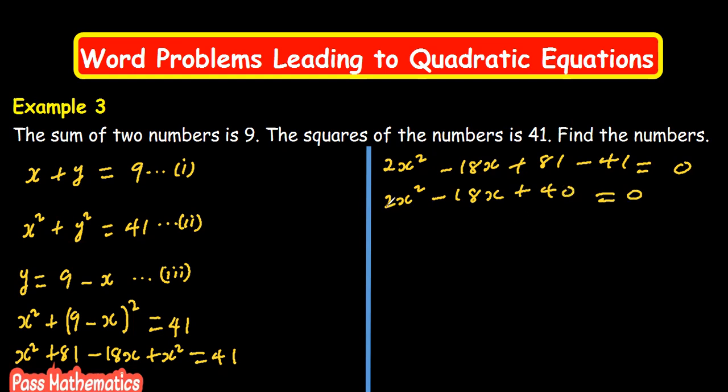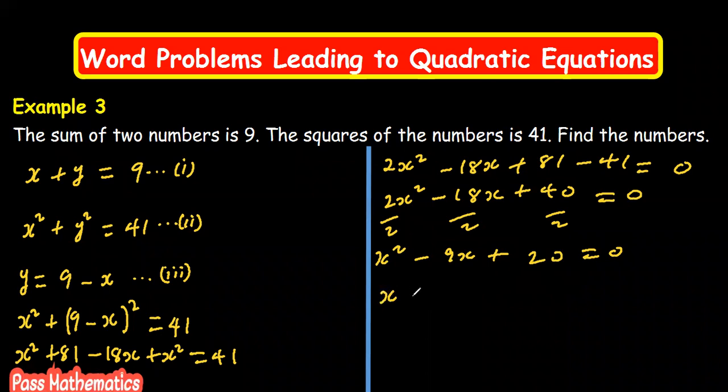But look at it, the coefficient of the first term is 2, second is 18, and then the last one is 40. So we can divide through by 2, and then we should have x squared minus 9x plus 20 equal to 0. So factorize this equation as usual.